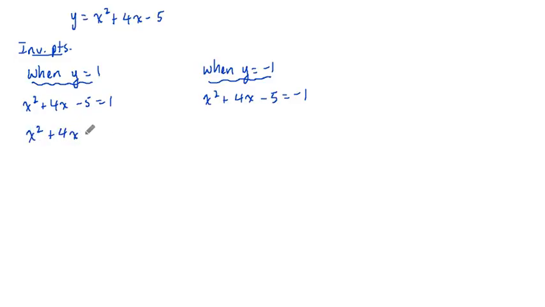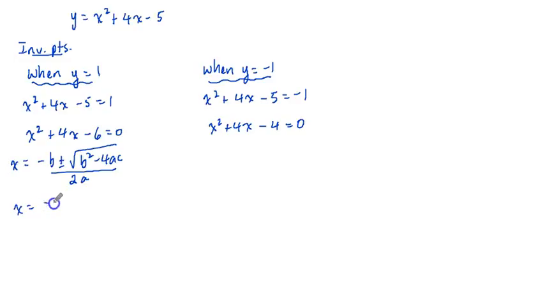Minus 5 minus 1 would bring that 1 across, it'll be minus 6. And over here, it'll become a plus 1, so I'll have x squared plus 4x minus 4 equals 0. Now, unfortunately, neither one of those will factor, at least not easily. So we will have to use the quadratic formula.